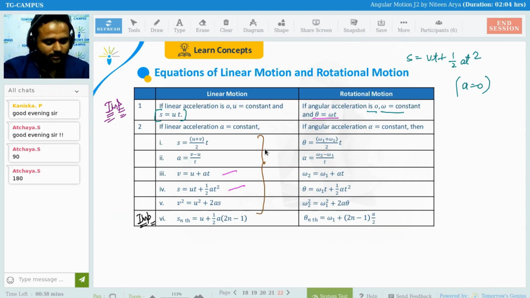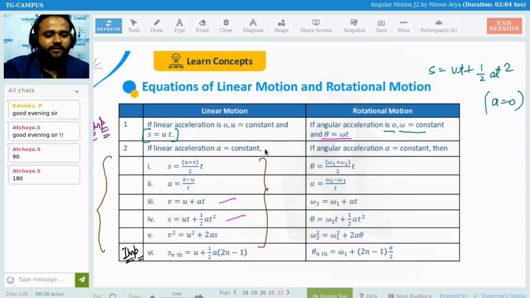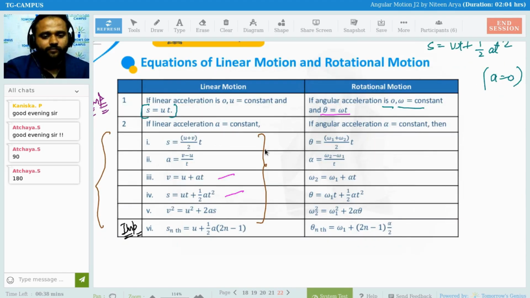On the left hand side, whatever equations we see are for linear or translation motion. Translation means in a single or straight line.